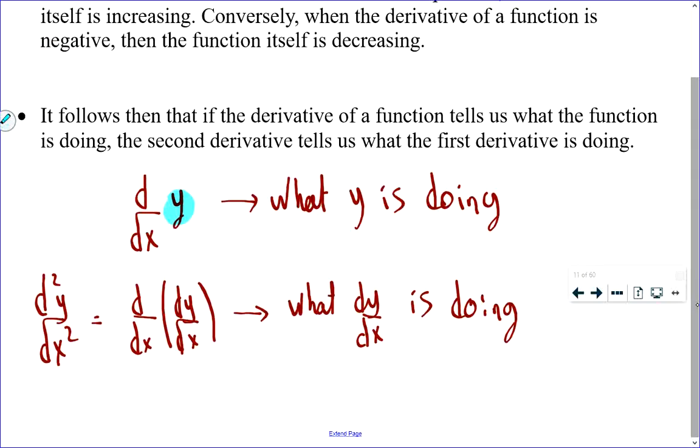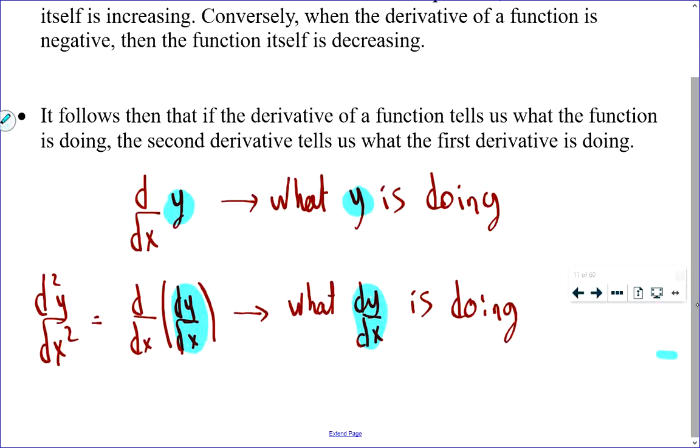That was a really tortured way of saying it. The derivative of the quantity is going to be a new quantity called the derivative that tells you what's happening to the original quantity. Does that make sense? So the derivative of the derivative is telling you what the derivative of the function is doing. You got to really think hard on that to wrap your head around it. The third derivative would be telling us what the second derivative is doing.